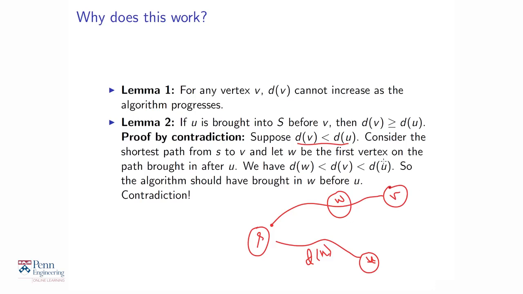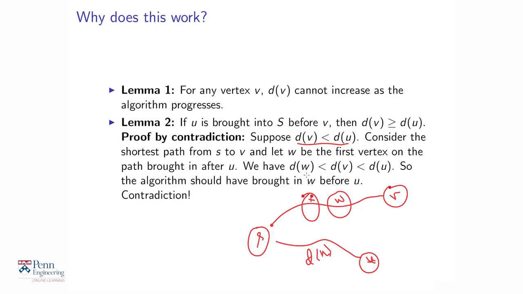But if d of w is less than d of u, then why didn't we bring in w instead of u? Recall that the algorithm works by bringing in the vertex which has the smallest d value at any point. So the vertex just before w on this path, call it x, was already brought in before u, because w is the first vertex brought in after u. Because x was brought in, d of w was already the correct value.